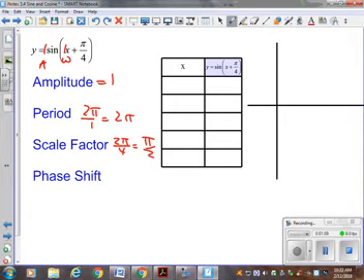In fact, once you get to that point, before you even look at phase shift, you could come over here and you could go ahead and number your x's because you know what they're going by.